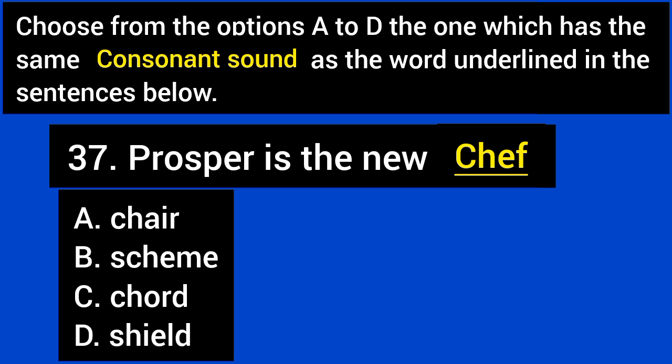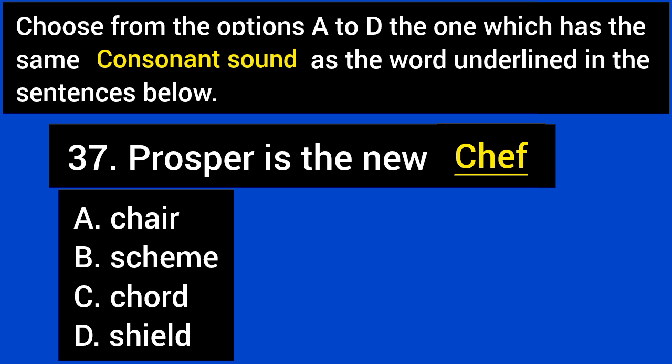Chef. All right, so let us look at A. We have chair. If you're not careful, because we have chef and then we have chair, you may concentrate on the letters, which are ch and ch, and you may get the answer wrong.